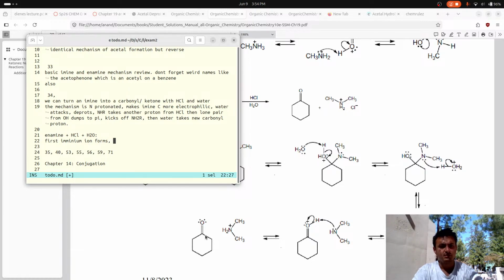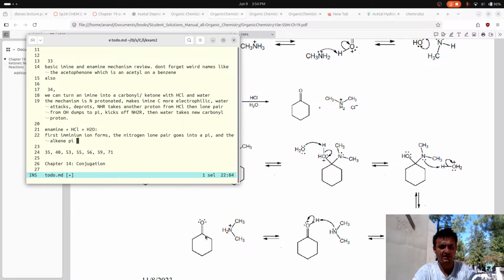The nitrogen lone pair goes into a pi, and the alkene pi attacks an acidic proton.